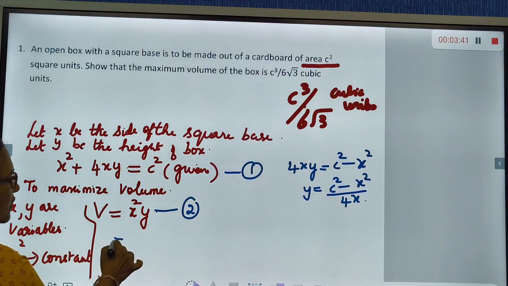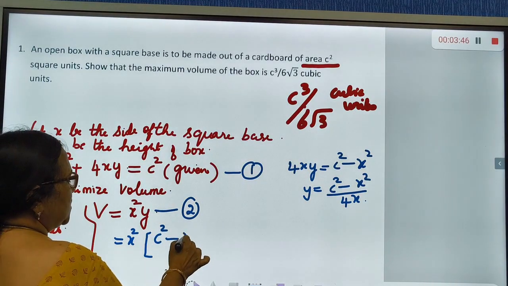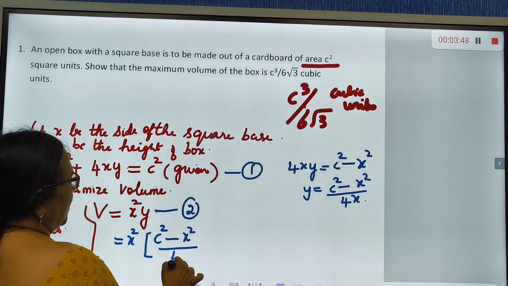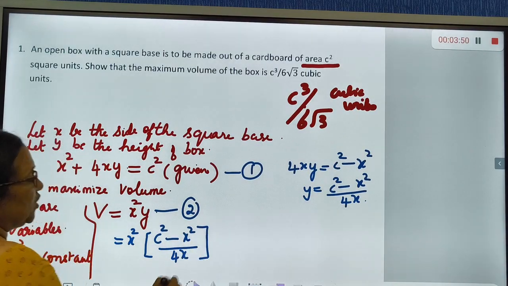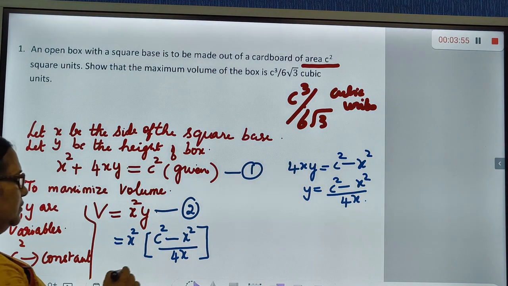So volume will be x square into c square minus x square by 4x. I substituted for the height of the box, y, in terms of x.